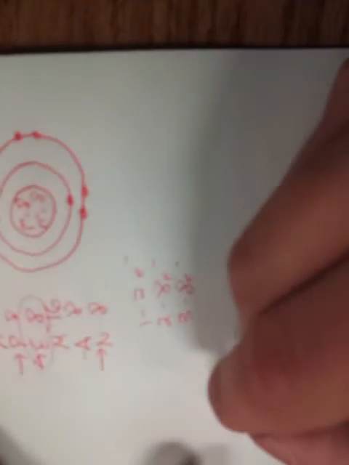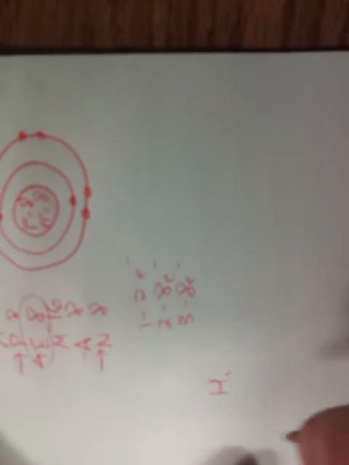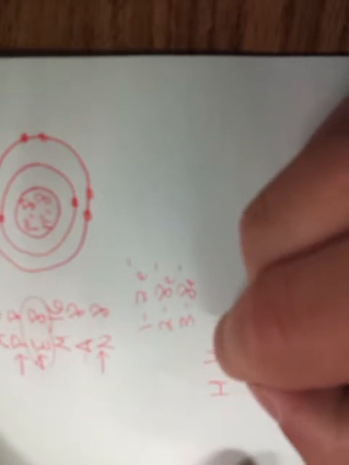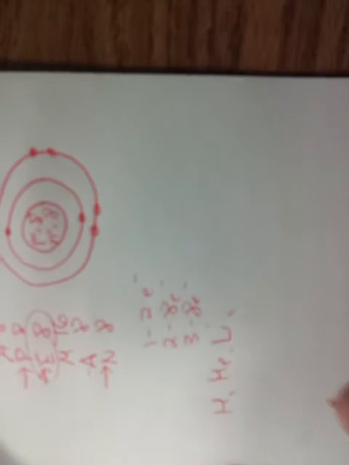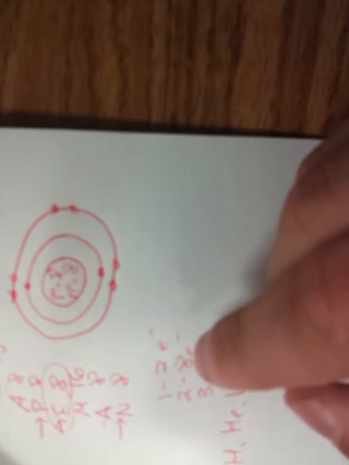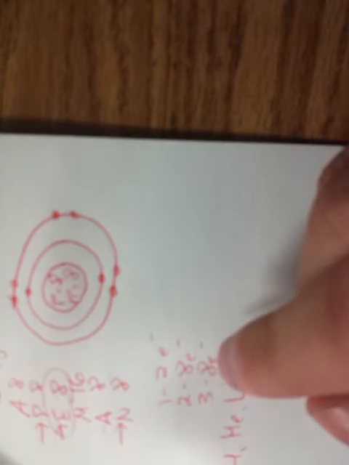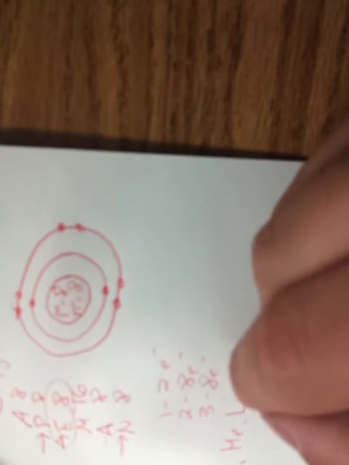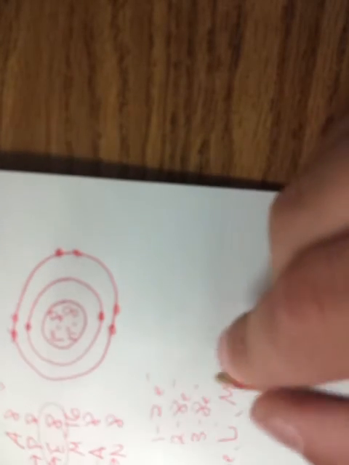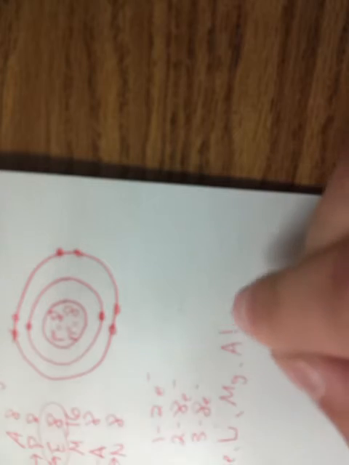So you could do a Bohr model for hydrogen, you could do one for helium, you could do one for lithium, you could do one for, what else haven't we done? We haven't done magnesium or aluminum or phosphorus or argon. So there's lots of elements left over that you can practice this on, just on a separate sheet of paper.